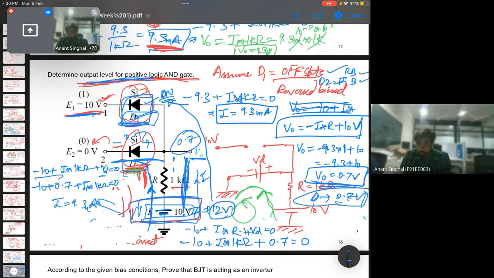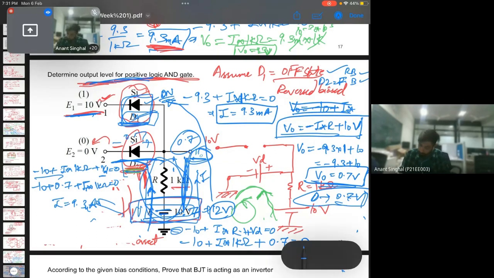Can you explain the equation V naught? Okay, V naught equals minus IR plus 10 volt. Yeah, this one. Okay, fine. So V naught is nothing but the voltage across this. Here you can see this is V naught, this is ground. So the voltage across this will be V naught.